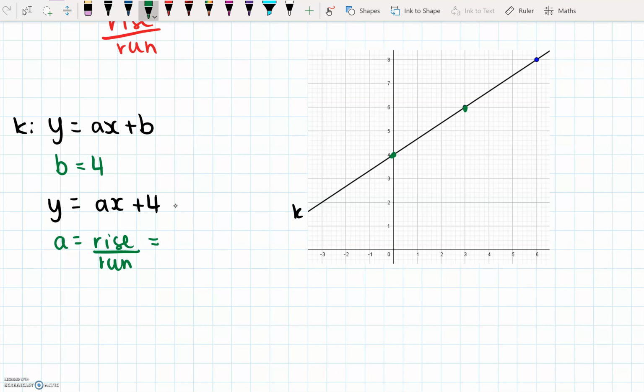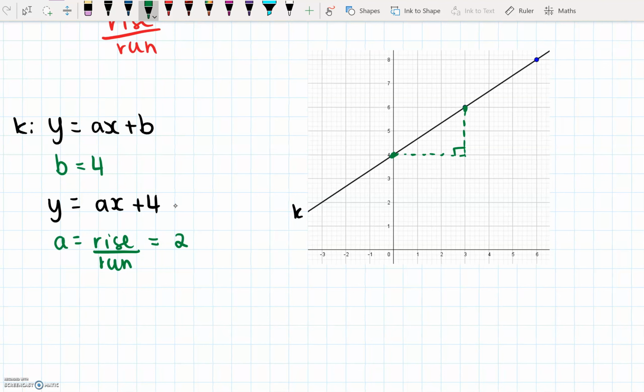For the rise, if we go from here to here, let's make it into a right-angled triangle. Okay, and you should be able to then see the rise from this point to this point: it went up by 2 squares. Let's just check our axis, and each square was worth 1, so therefore our rise is going to be 2. Then we need to look at our run.